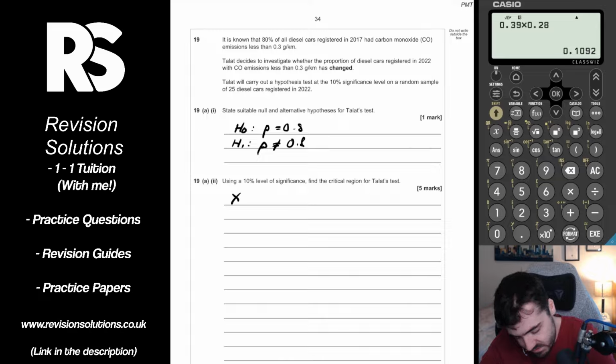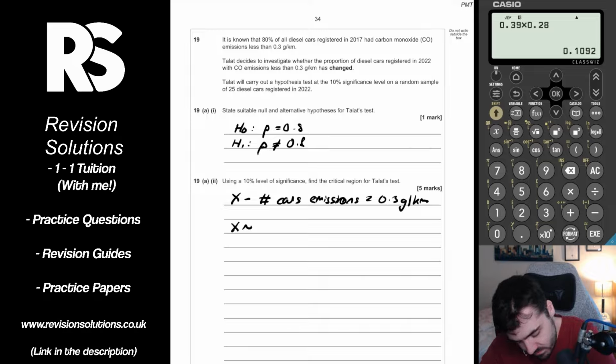So let's just first decide what we're counting. So X is the number of cars where emissions is less than 0.3 grams per kilometer.